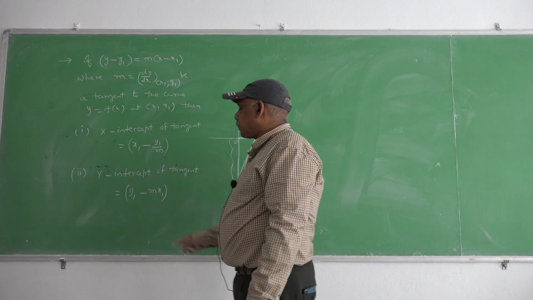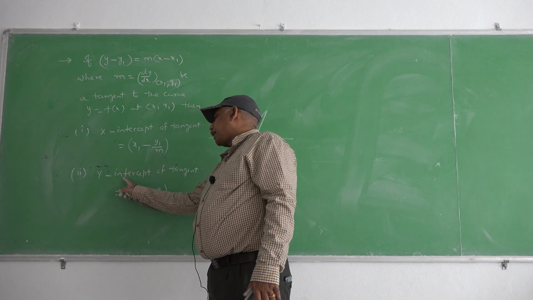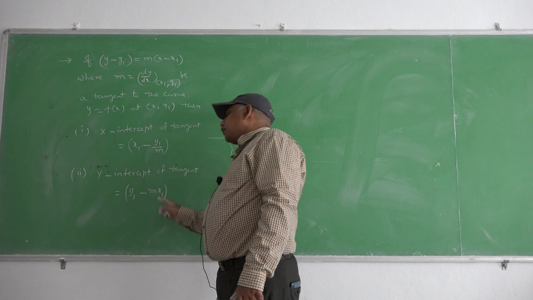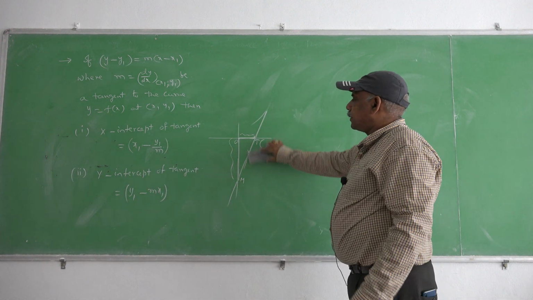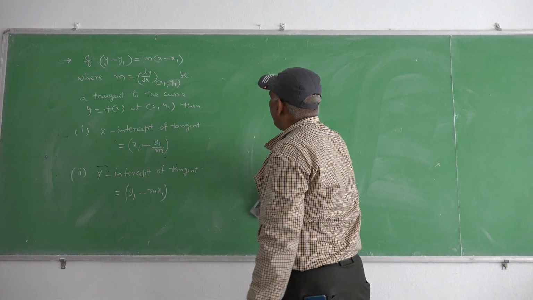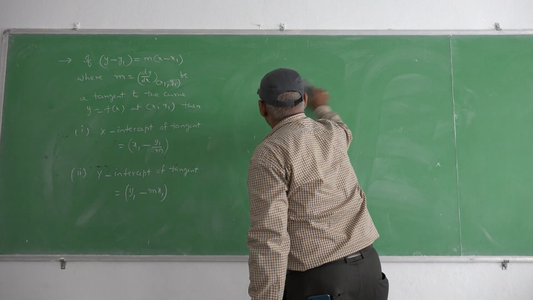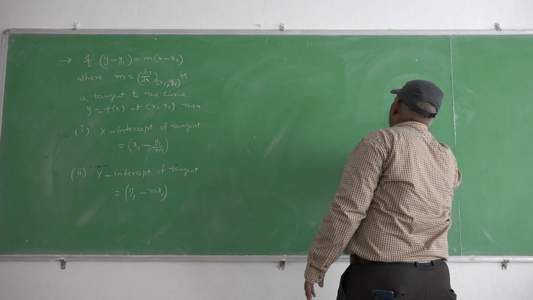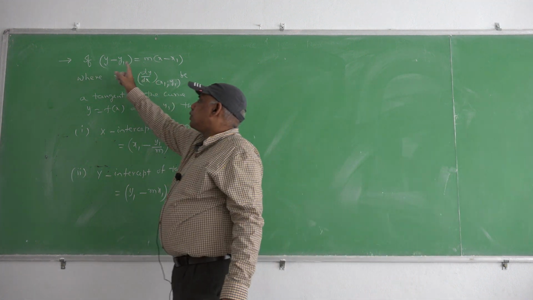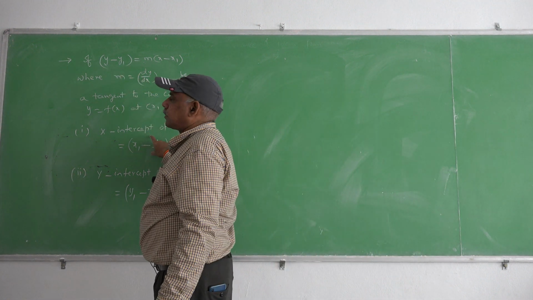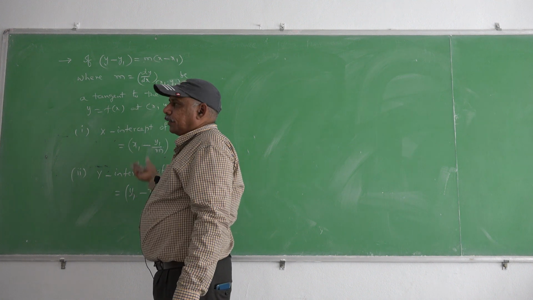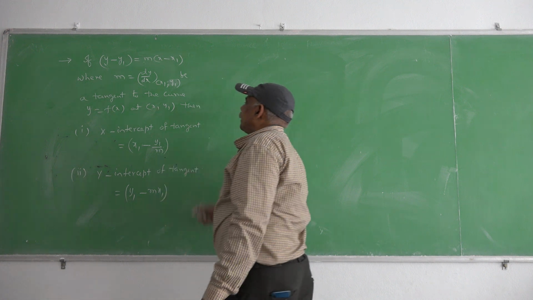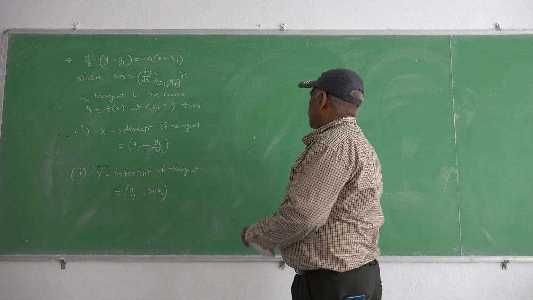The length of the y-intercept made by the y-axis is modulus of y1 minus m x1. So the lengths of intercepts made by the tangent on the coordinate axes can be evaluated by taking y equal to 0 to get the x-intercept, and x equal to 0 to get the y-intercept.